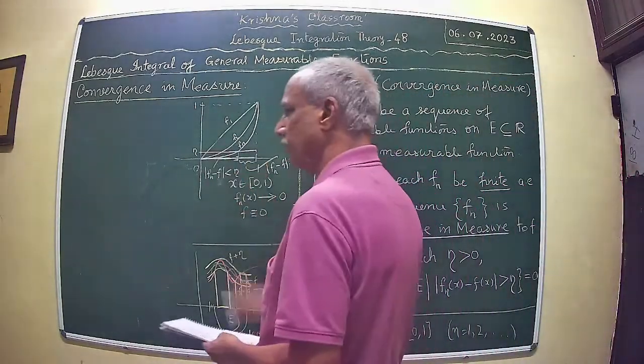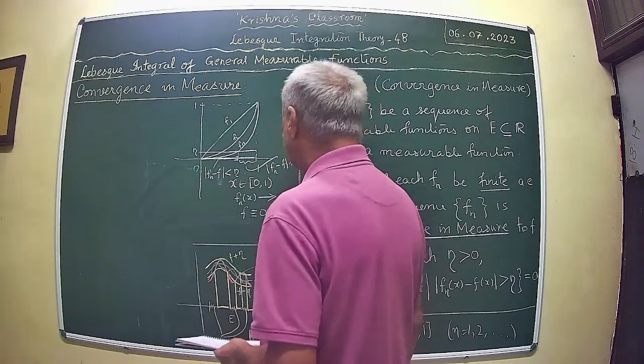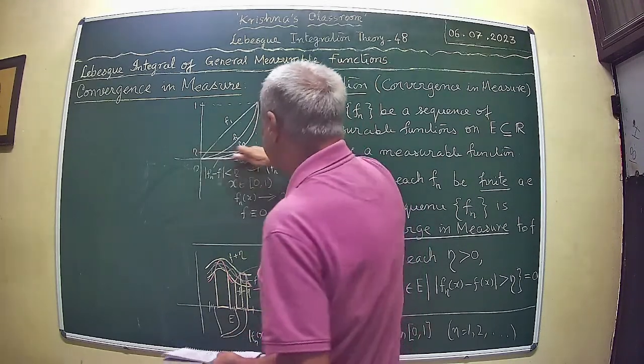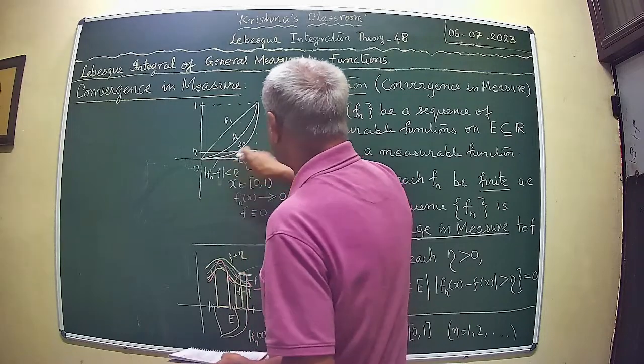This is your eta. For each n and eta you have this kind of thing, and for each Fn this happens.